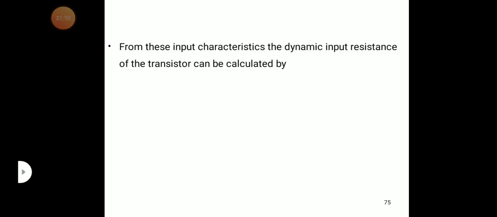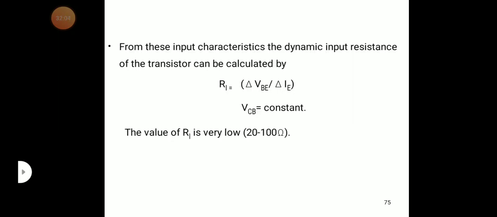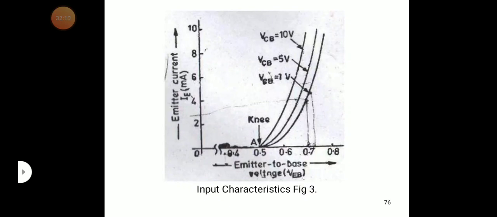From these input characteristics, the dynamic input resistance of the transistor can be calculated. Dynamic resistance is delta VBE by delta IE when VCB is constant.